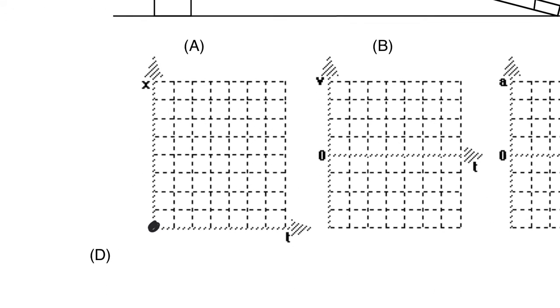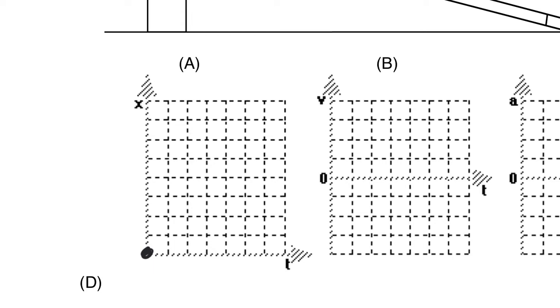At time 0, the object's velocity is 0. At time 0, therefore, the slope should be 0. The slope of the position versus time graph is the velocity. If the velocity is 0, and I saw many heads do this, then the slope must also be 0 for the position graph.